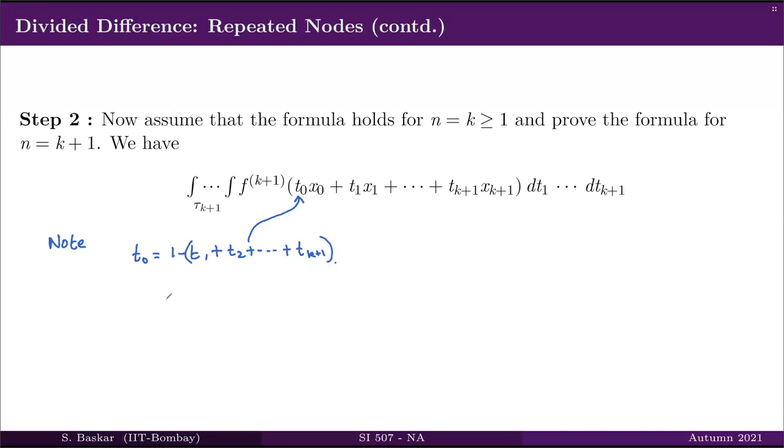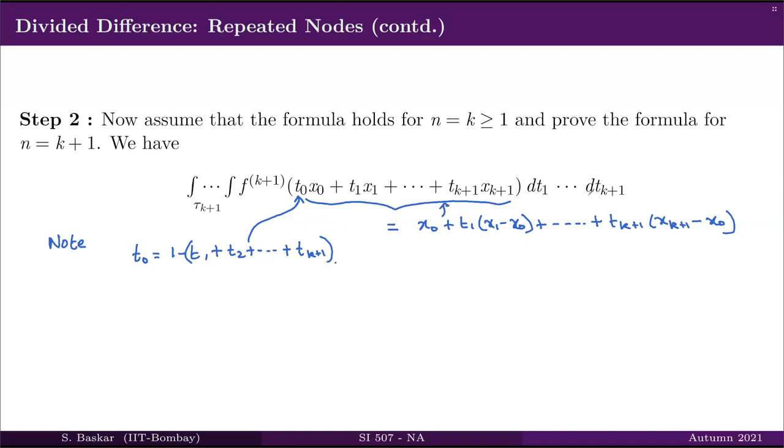Then we will have the argument of f^(k+1) as x0 plus t1 into x1 minus x0 plus up to tk plus 1 of xk plus 1 minus x0, right? I'm just putting t0 equal to this expression, and substituting it in the argument of f^(k+1).